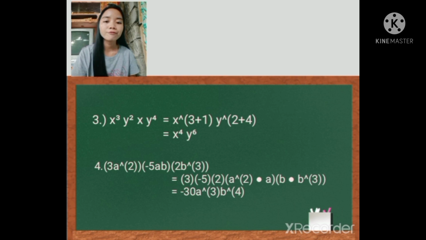So, we have 3 times negative 5 times 2, a squared times a, b times b to the power of 3. So, 3 times negative 5 times 2, we have negative 30. And a squared times a, we have a to the power of 3. And b times b cubed, we have b to the power of 4.